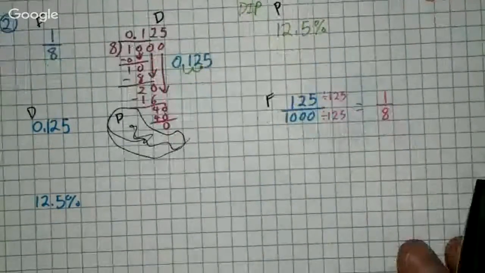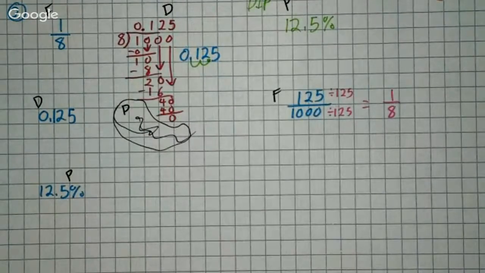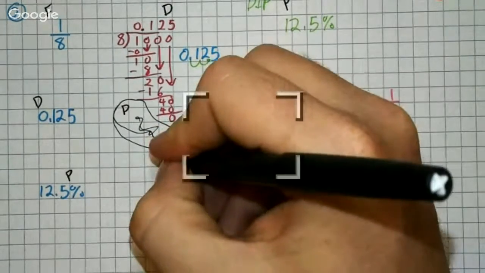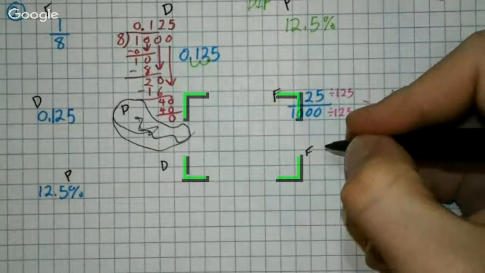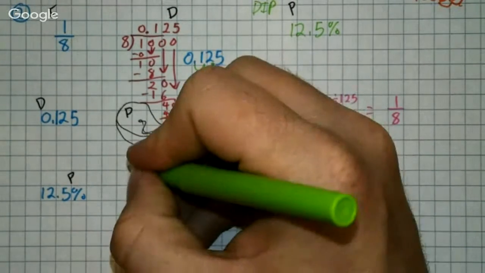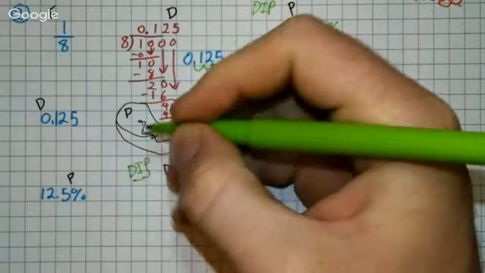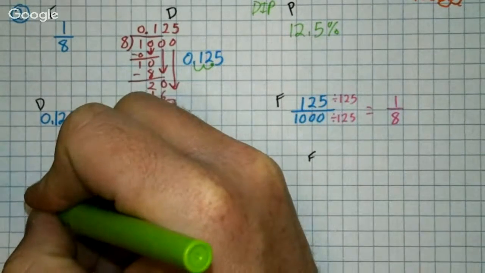And finally, down here, I have it in its percent form already. Now on that one, I want to make it a decimal, and I want to make it a fraction. Okay, so if I have 12.5%, we're going to go ahead and use DIP again. I'm starting on the P and moving backwards, so I have to start here and move 2 over.